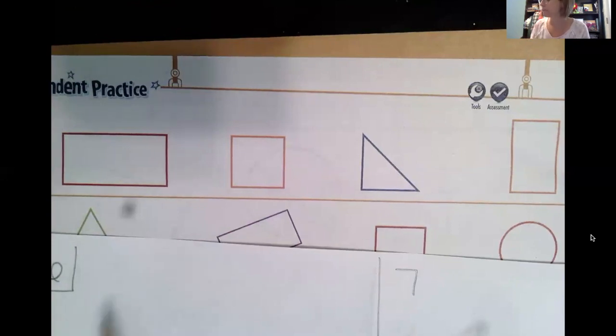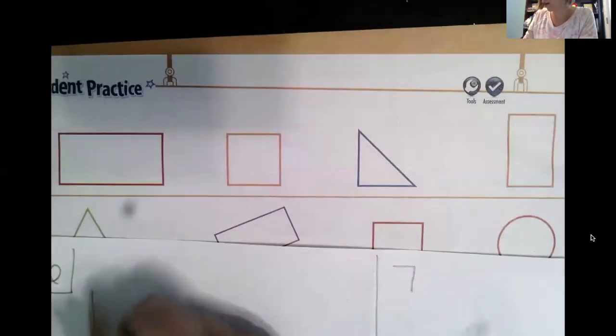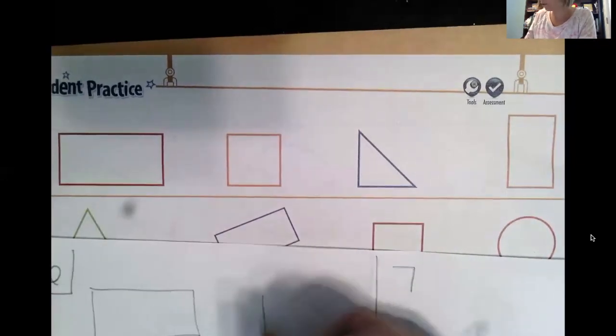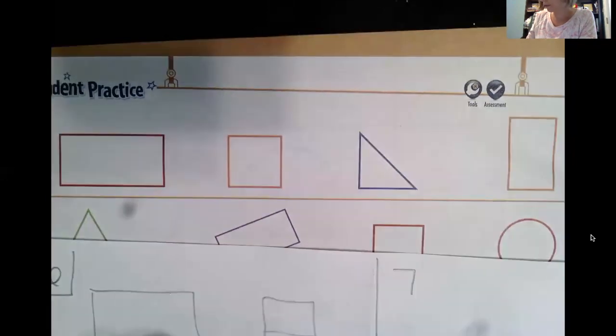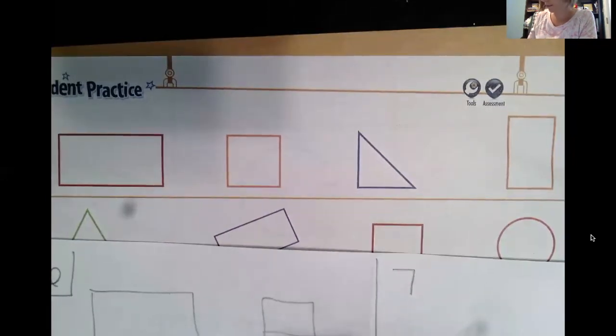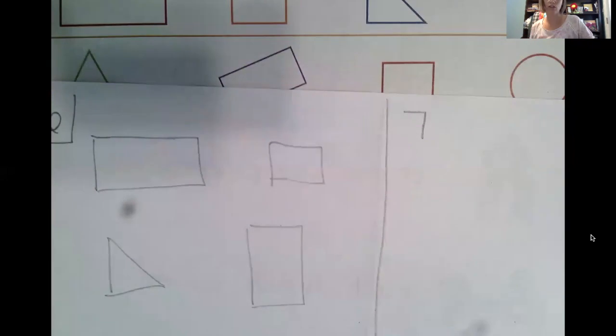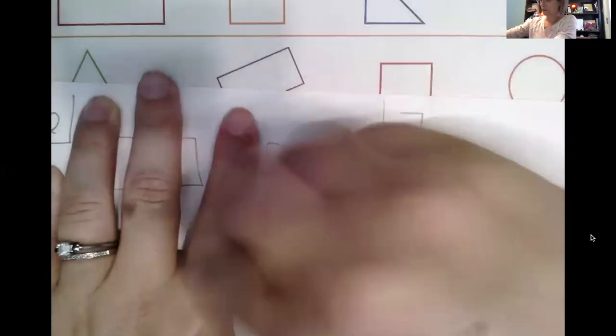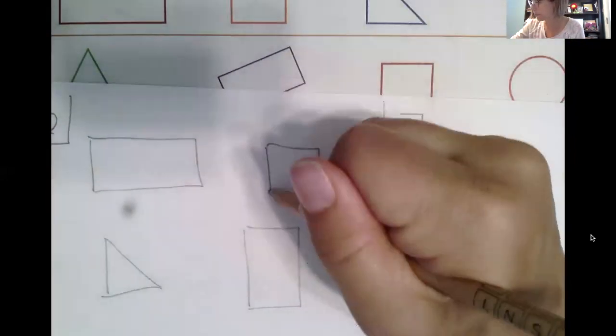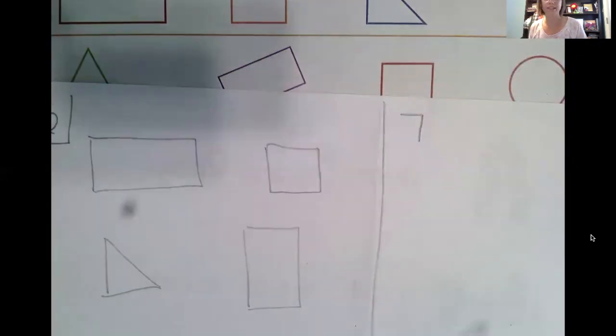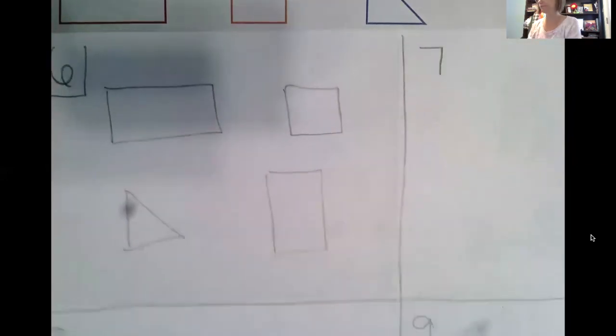You could even draw them here like this. You could draw this, and you could draw this, and you could draw this, and you could draw this, and then you can cross off the one that has all same sides.